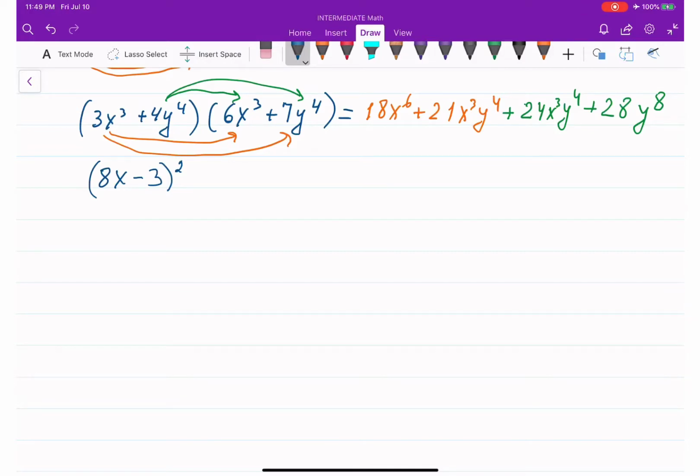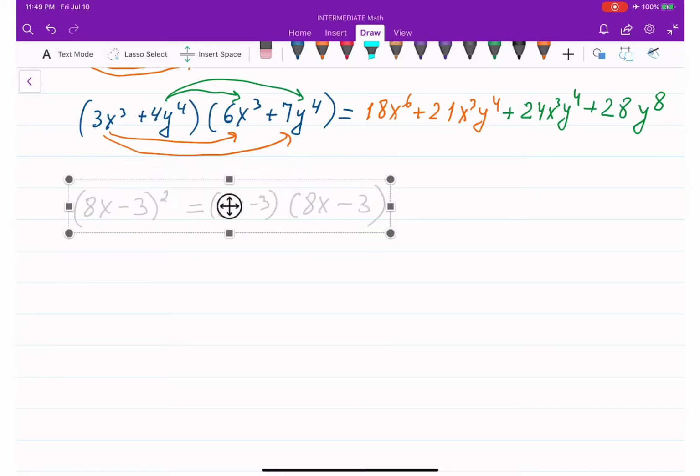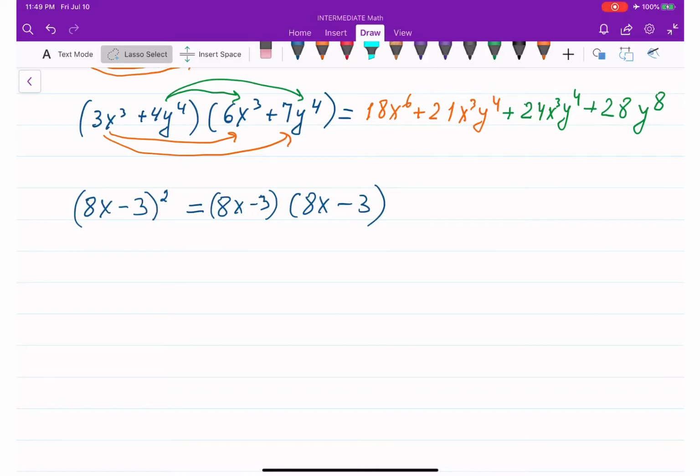So it's equal 8x minus 3. You multiply by 8x minus 3, right? Two of them multiplying by each other. And you go and multiply these two terms. So let's multiply real quick. 8 times 8x is 64x squared.